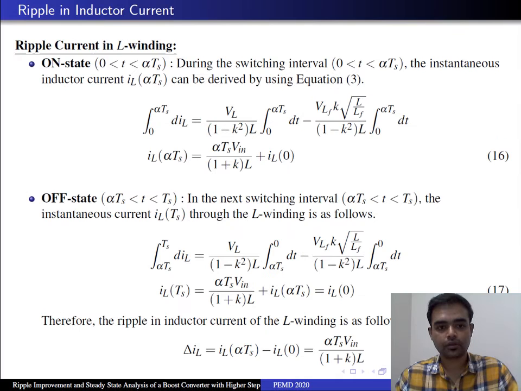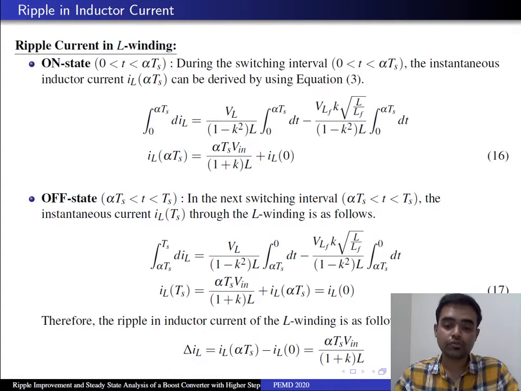minus alpha). So this is the ripple in inductor current. You can see the ripple in inductor current of the L winding is defined by delta IL equal to alpha Ts Vin by (1 plus K) into L. In the conventional boost converter, this 1 plus K term will not be there.